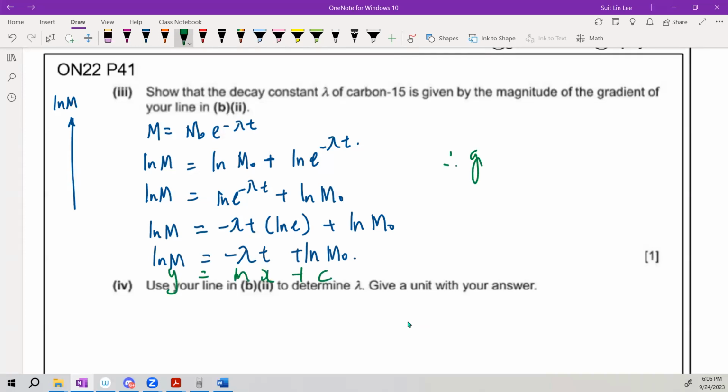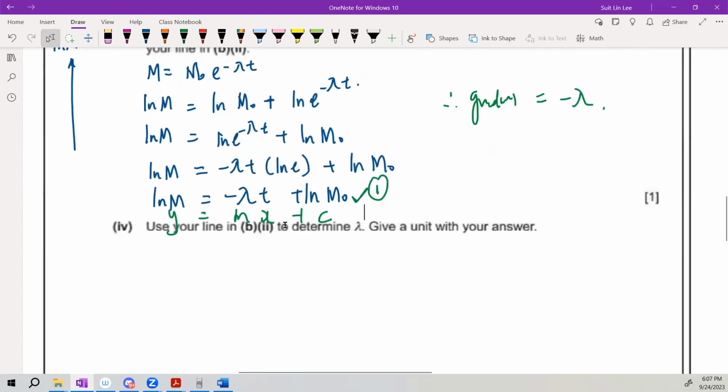So hence, gradient is equal to negative lambda. We are looking for students to reach this form. You reach this line, that is the mark. How many steps it takes depends on your ability to do logarithms. Use the line to determine lambda, give a unit to your answer. So to find lambda, I need to find the gradient, right? Look for the gradient.